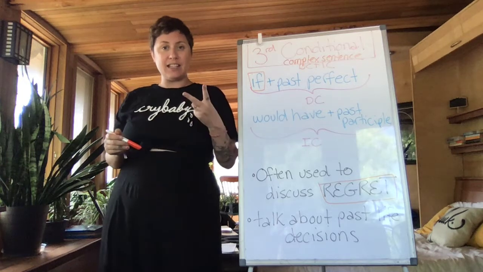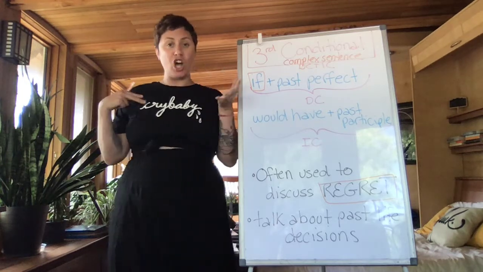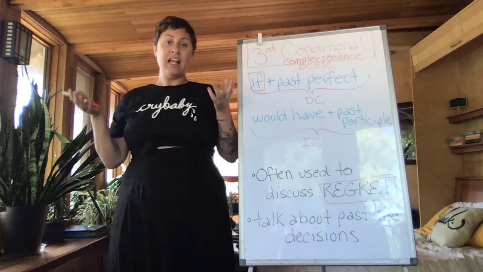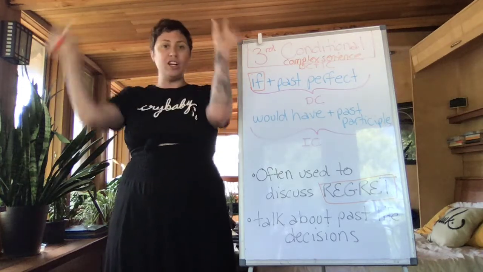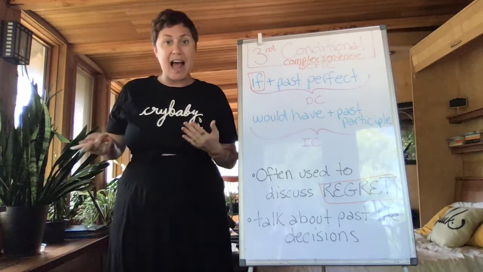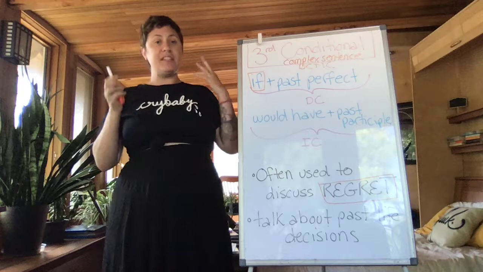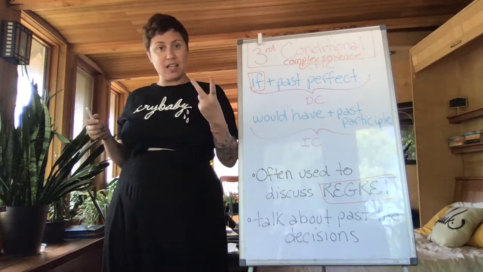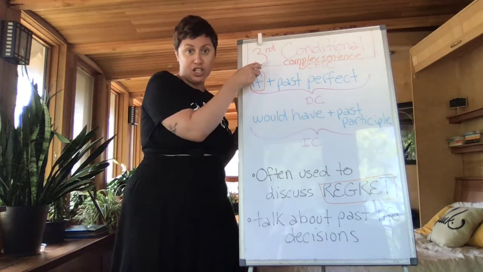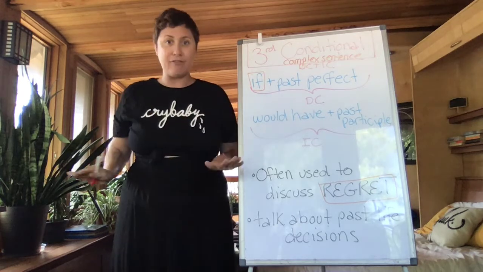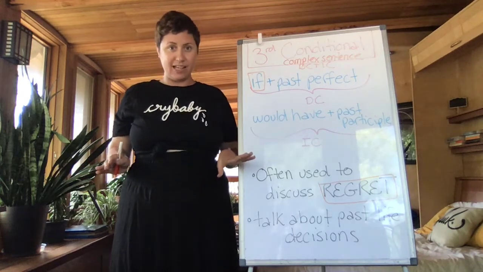So the second conditional, if I won $1 million, what would I do? I would buy an apartment in Paris. This is completely unreal. Like, it's not based in any reality. You're just imagining a situation. But the difference between the second conditional and the third conditional is that with the third conditional, we're kind of half talking about reality.